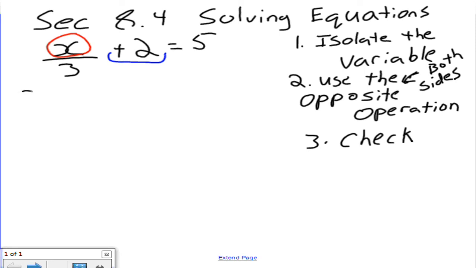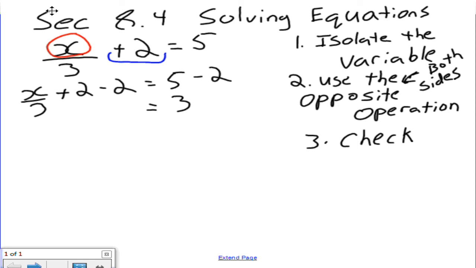x over 3 plus 2 minus 2 is equal to 5 minus 2. I know that 5 minus 2 is 3. Plus 2 and minus 2 have canceled each other out here.